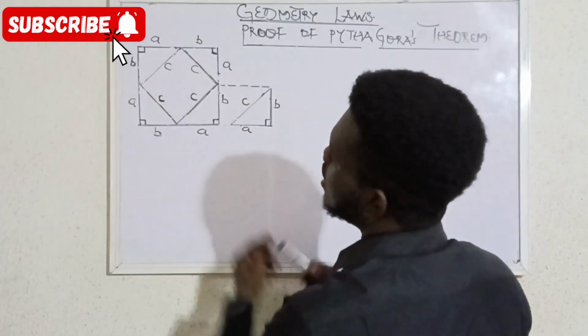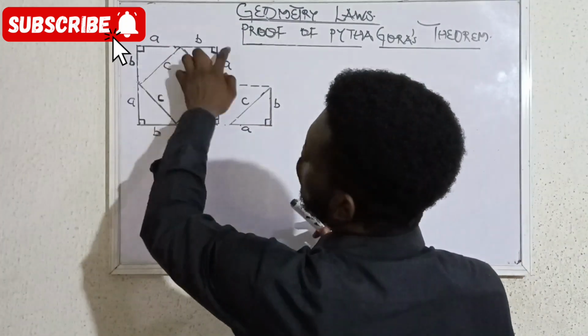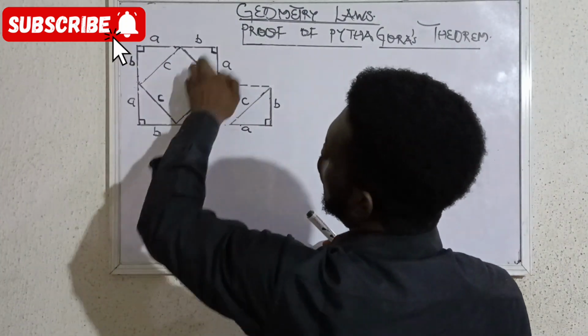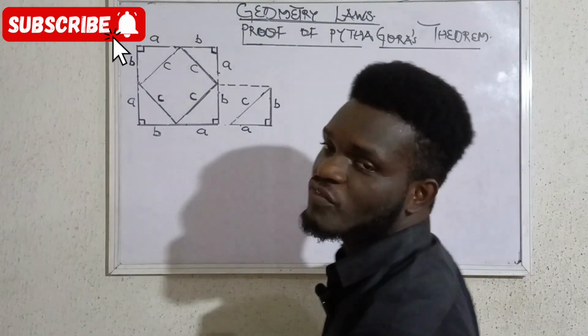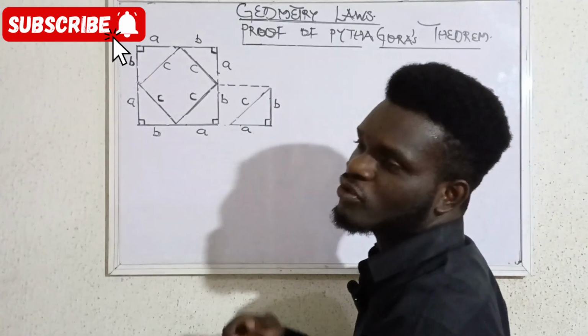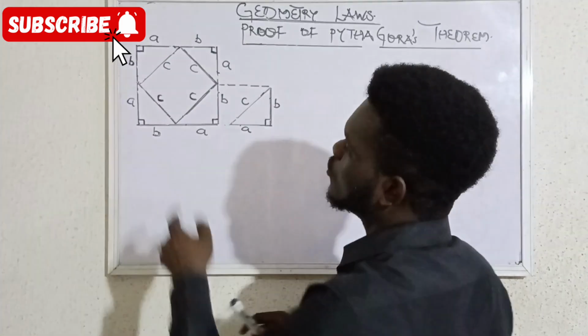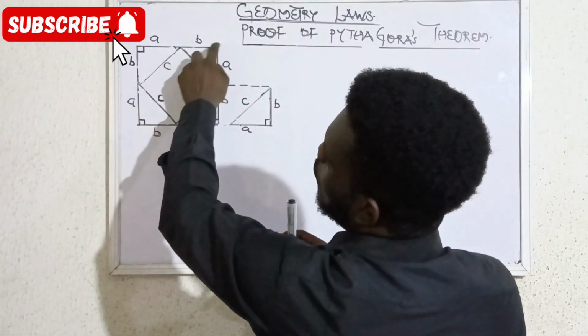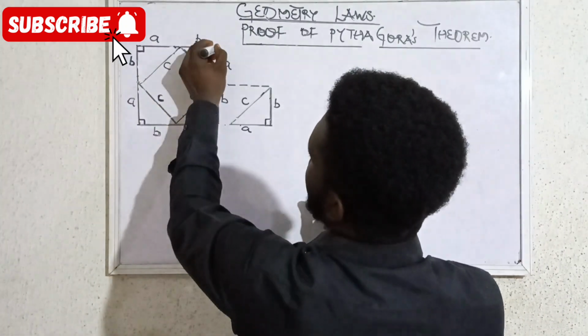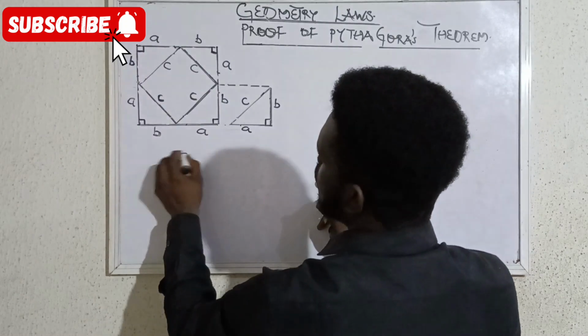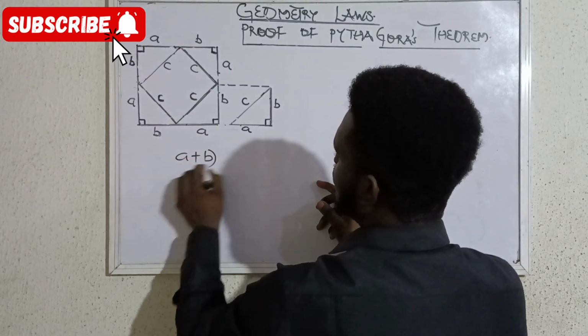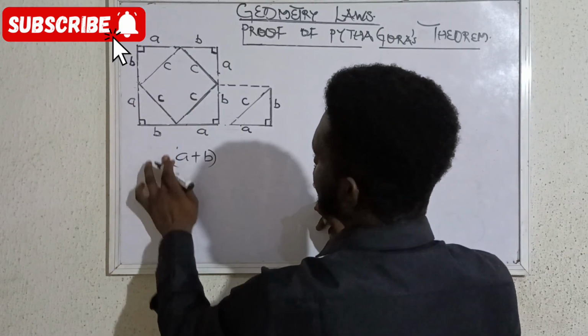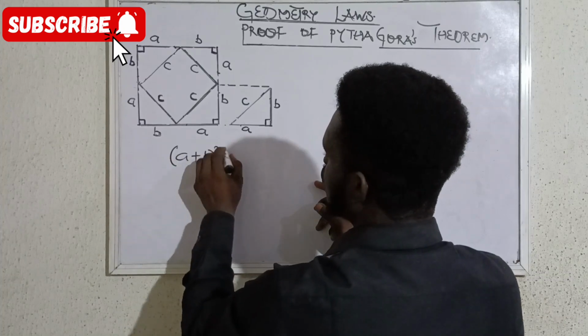To get the area, first of all, how can we get the area of this square? We know that the area of a square is L times L, because the dimensions have the same length. If you want to get the total distance from here to here, it is going to be A plus B, and if you want to get the area, it's going to be all squared.